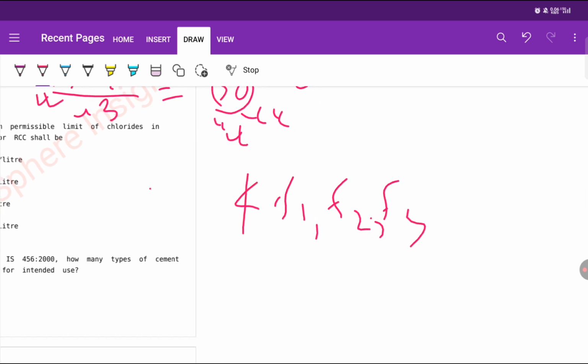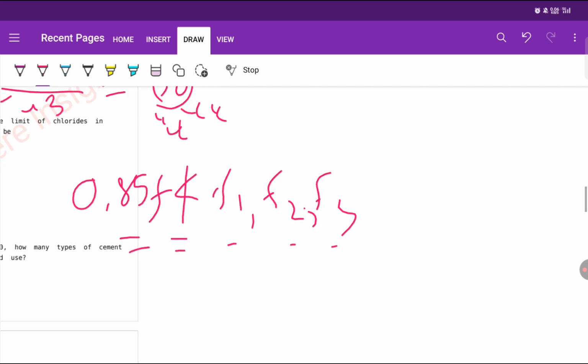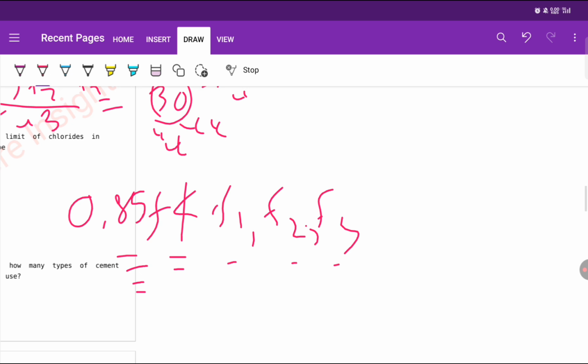Okay, f1, f2, f3 cannot be less than 0.85 of f. It cannot be less than this. Okay, any of f1, f2, f3 cannot be less than 0.85 of f. That means it cannot be less than this value. 0.85 f, less than this, right?